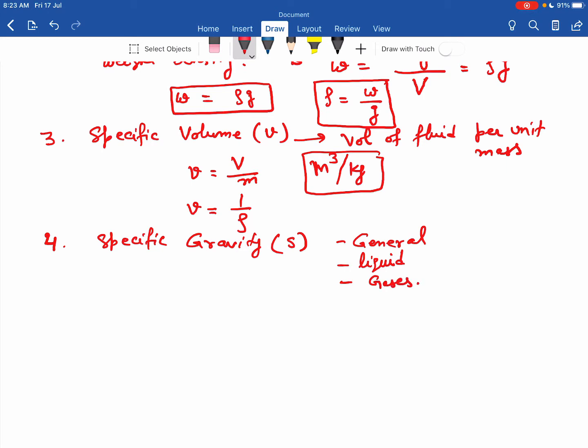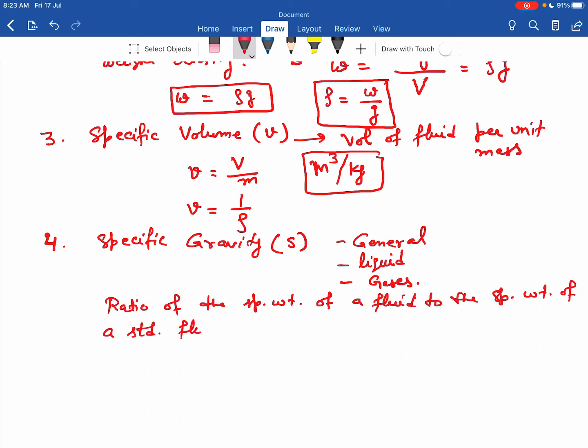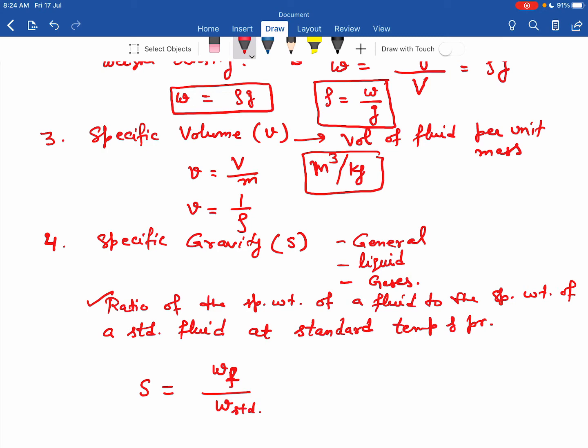The general definition for specific gravity is the ratio of the specific weight of a fluid to the specific weight of a standard fluid at standard temperature and pressure. So you can write S is equal to specific weight of fluid divided by specific weight of standard fluid at standard conditions.